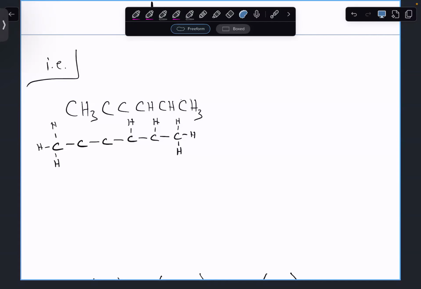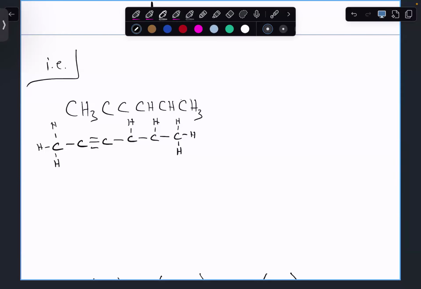Yeah, the easiest way of fixing it is just by putting in multiple bonds. So to fix these guys, put a triple bond between them. That would make those 2 happy. So each of those carbons now has 4 bonds and they're satisfied.